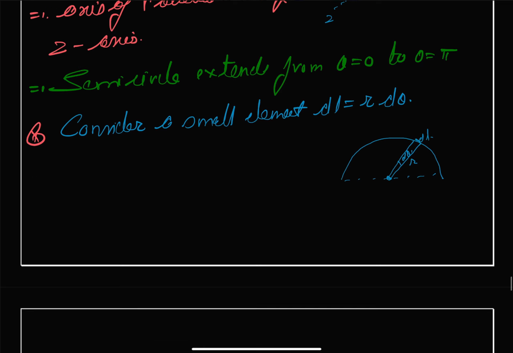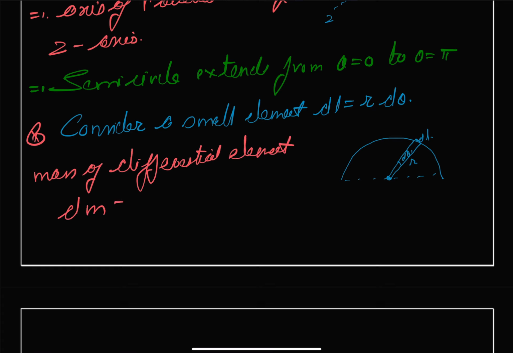The mass of this small element, sometimes also called a differential element, that is dm, will be equal to lambda times dl.